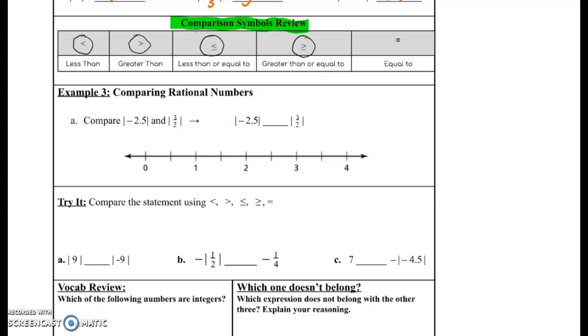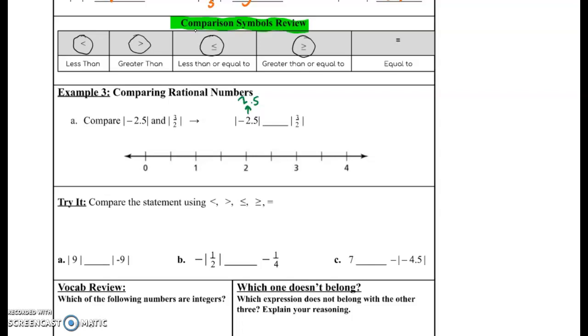All right, so it says compare the absolute value of -2.5 and the absolute value of 3 halves. So let's look at that. So from 0, the absolute value of 2.5 is just 2.5. We want the positive version of that.